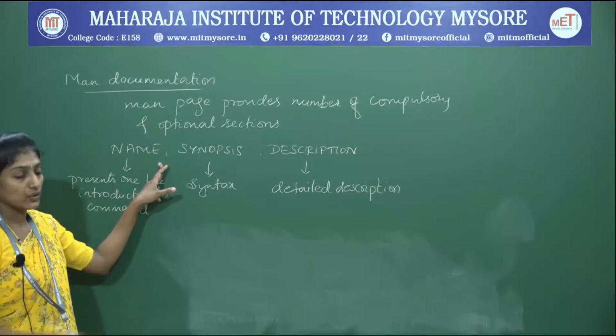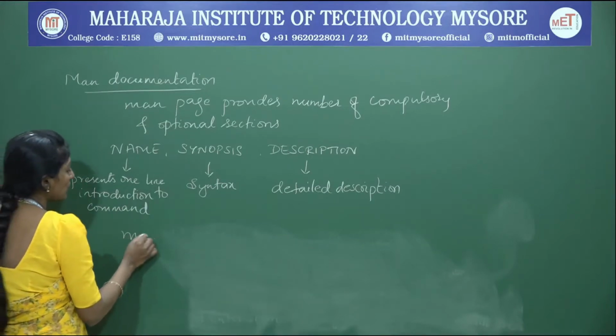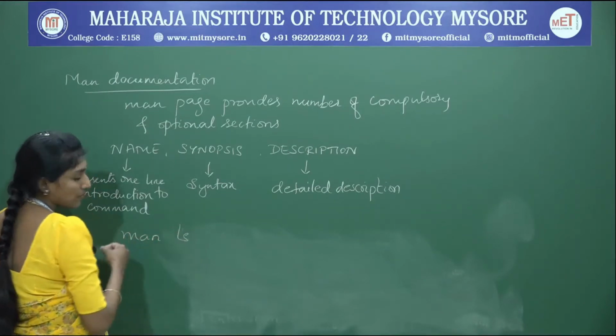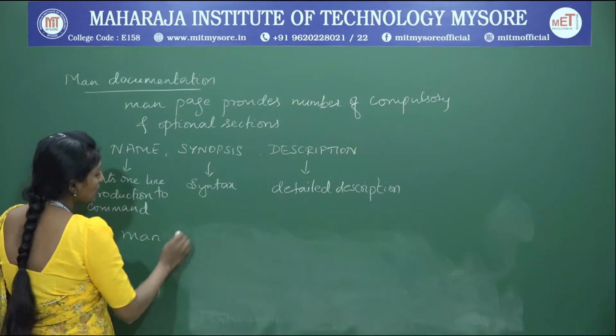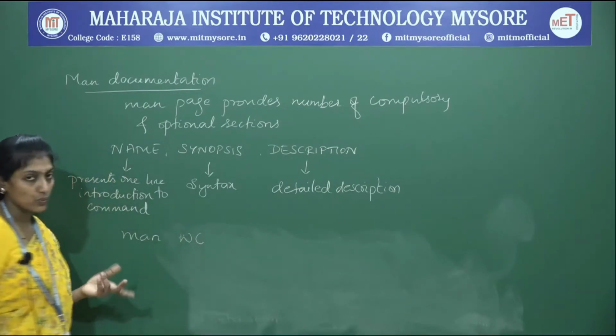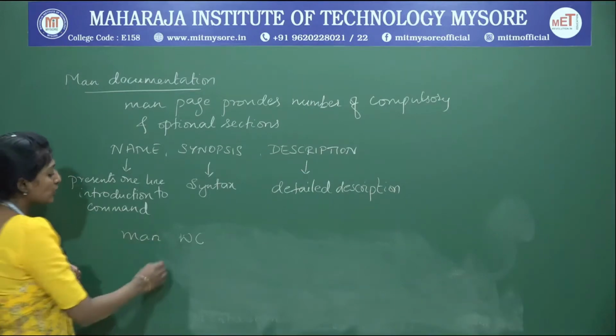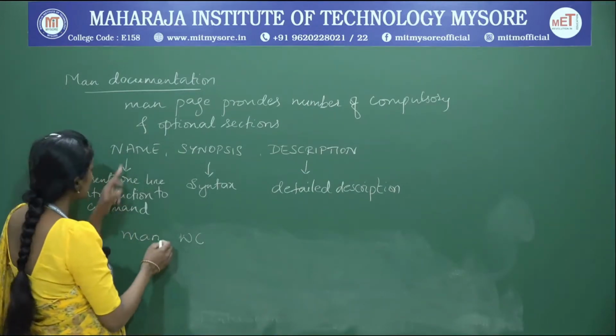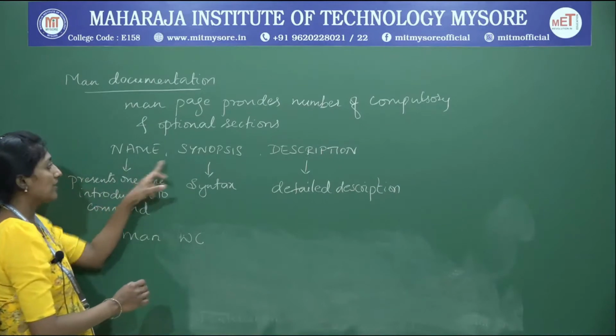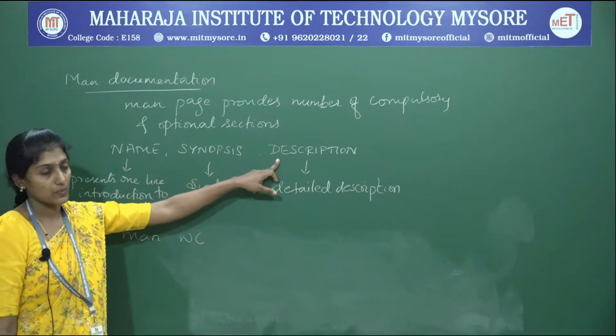Let me take the ls command, or say I want to know about the wc command, that is, the word count command. If you just give man wc, it is going to provide you with the name of the command, the synopsis, and the description.